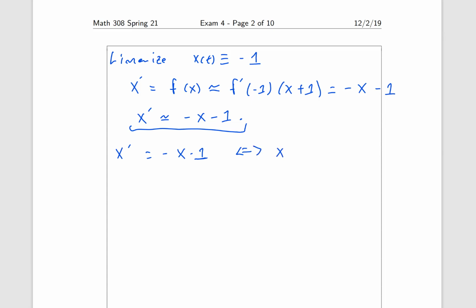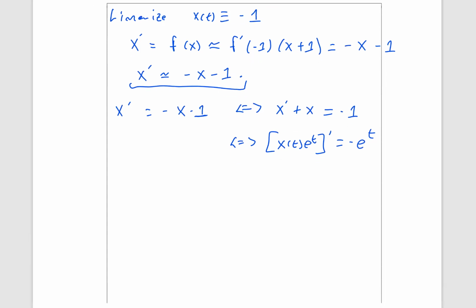This becomes x prime plus x equals minus 1. The integrating factor is e to the power of t. So the left-hand side becomes x of t e to the t, prime, equals minus e to the t.